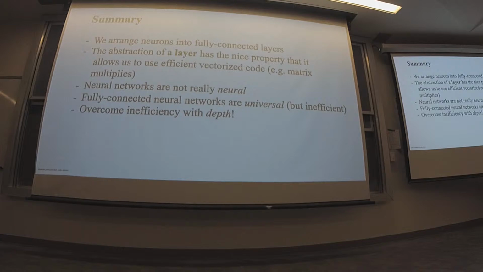Okay, so what's the summary here? We talked about fully connected layers. The abstraction of the layer is really quite nice for writing code, but just think about this in terms of a bunch of matrix operations. We didn't really get into the whole thing about being not neural. They are universal, but they're really inefficient, and we overcome the inefficiency with depth.